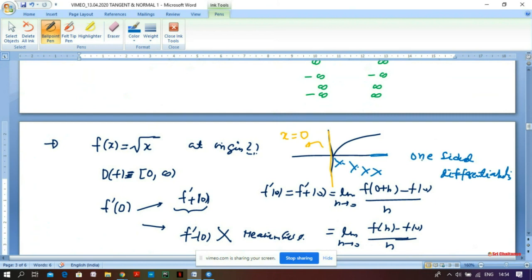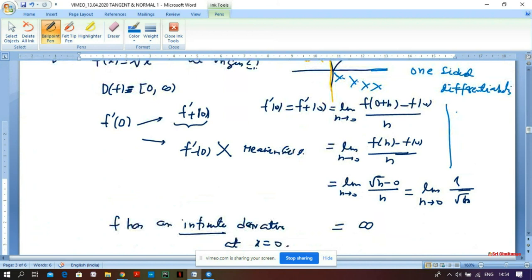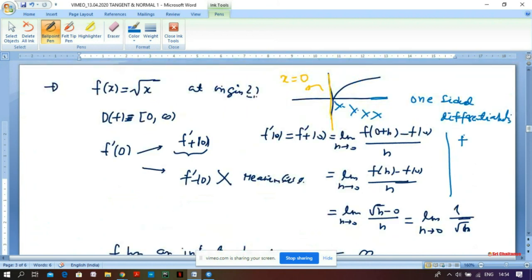And of course, note that f is continuous at the origin, because f of 0 equals 0, and the right hand limit, f of 0 plus, is the limit as h tends to 0 of root of h, which is still 0.